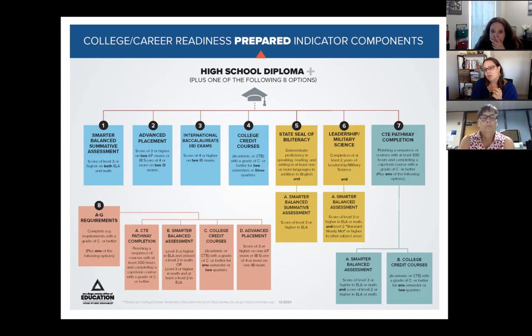Great question, Jamie. Do students need to earn a certain number of college credits or units? I think it's 3 units. What does it say? Academic course, 1 semester or 2 quarters, C- or better, but it's only academic or CTE.